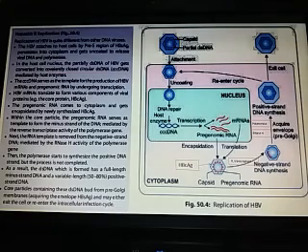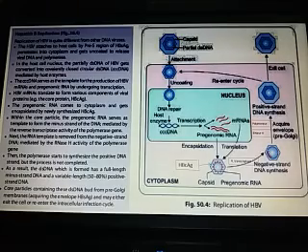To be active and to perform various functions, like synthesis of its own genome, RNA, and various proteins that act as enzymes, the virus must form a complete circular DNA.